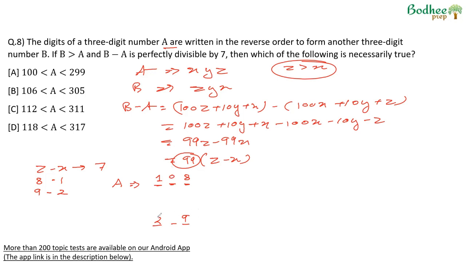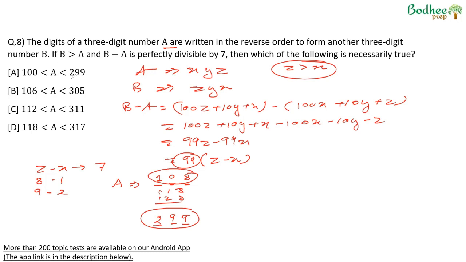For the largest value of A, we will take the largest value that Y can take, which is 9. So the smallest value for A is 108. The largest is 299. Not all the numbers in between, only where the first number is 1, the last number is 8, or the first number is 2 and the last number is 9. Y in between can be anything, 118, 128, and so on. And therefore, the smallest value of A is 108, largest is 299.